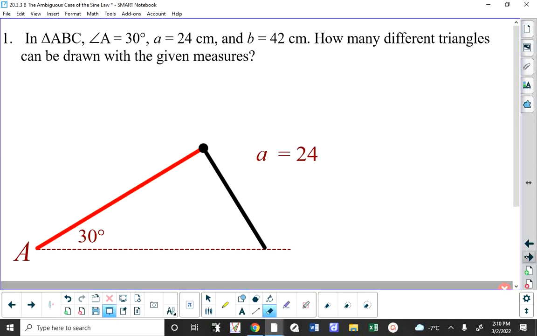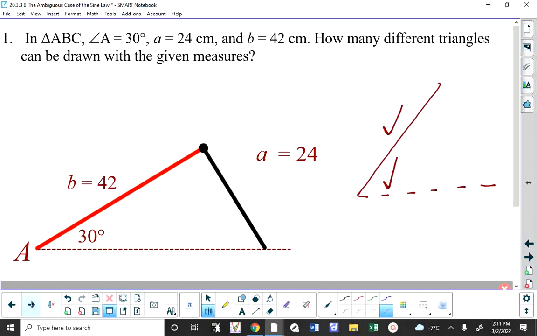Now, the other side is 42, and that's side B. That's this side. So, again, what I want you to get in the habit of drawing all the time is something that looks like this, where you know this angle, this side, and this side. Okay? Those are the numbers you're given.